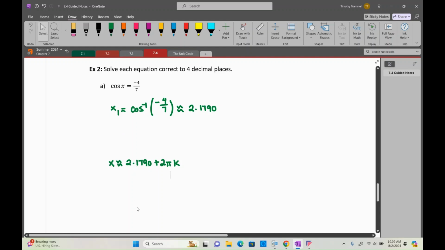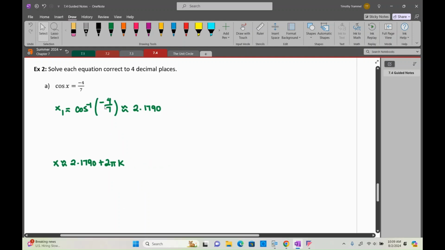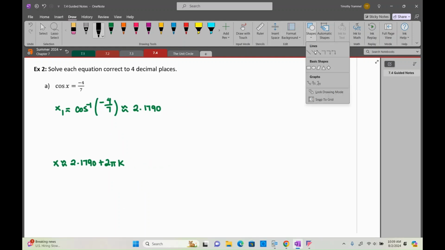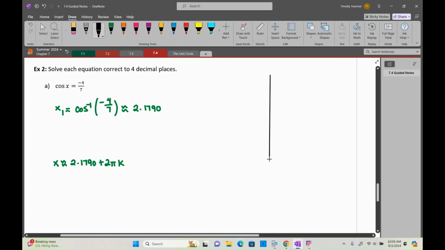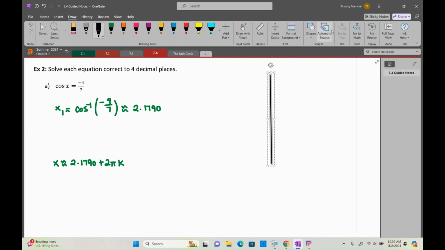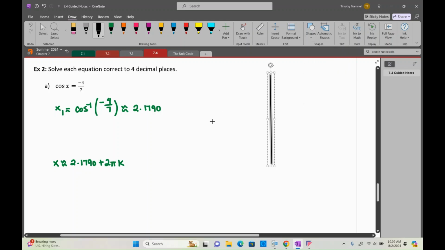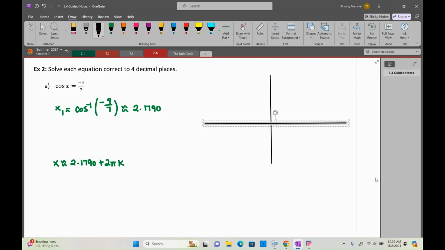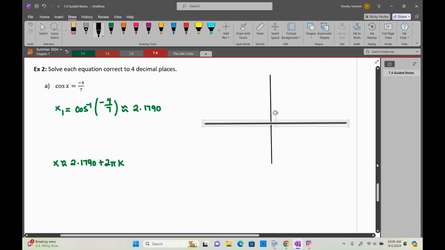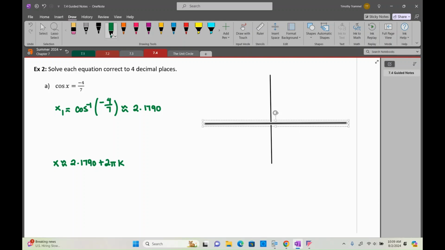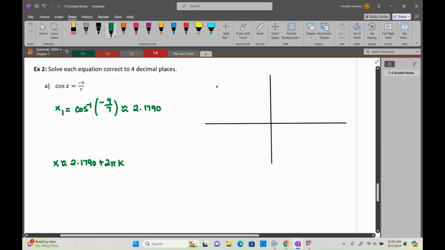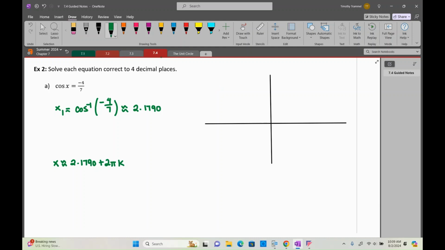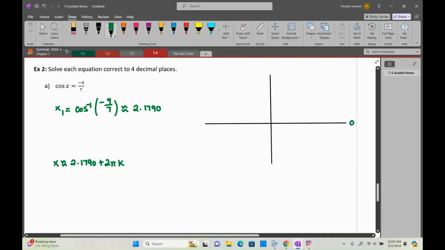If we were to actually make a sketch of this angle that we just got from cosine inverse, we need to think about whether it's going to be in quadrant 1 or quadrant 2. Well, cosine inverse to begin with only gives us angles between 0 and pi.